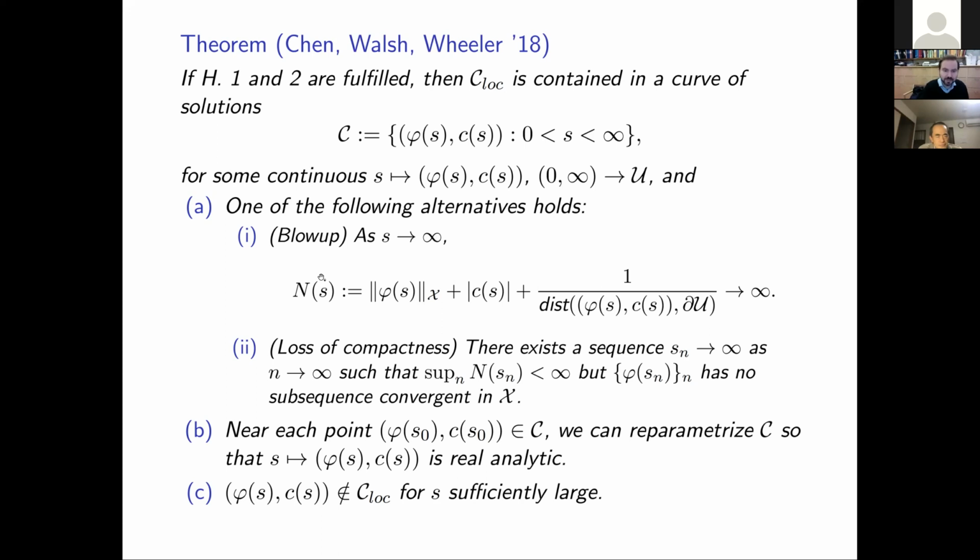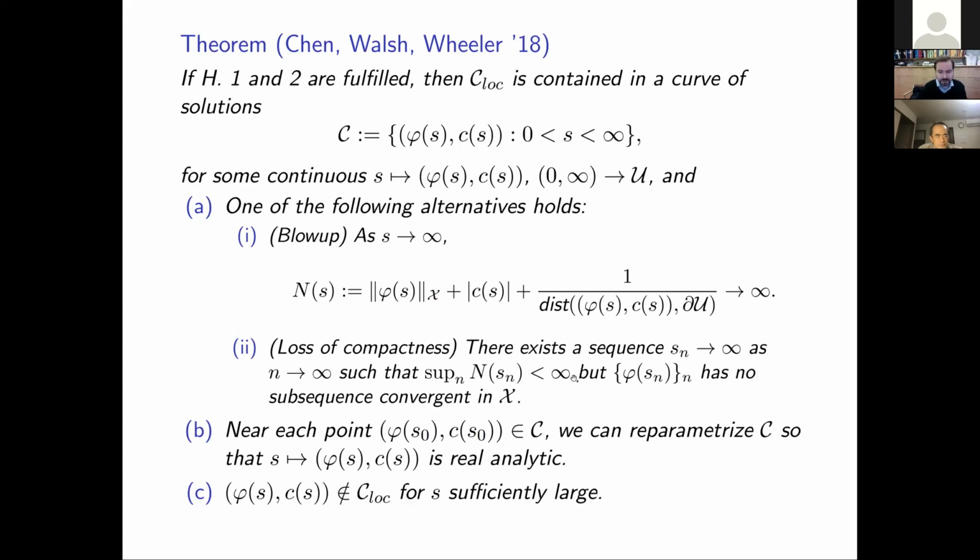Okay, what is a bit special about this result is this second alternative here. The typical things that can happen are that your solution blows up in the function space, that your parameter blows up, or that you approach the boundary of the set U on which you are working.